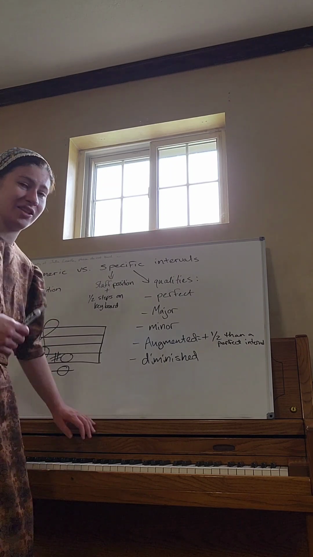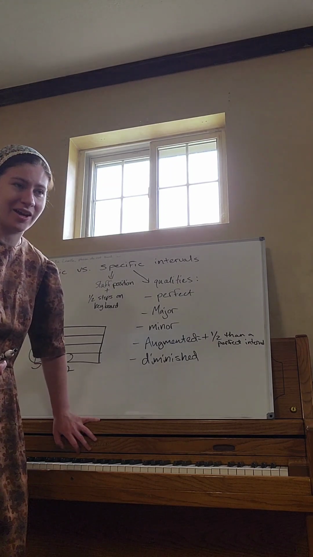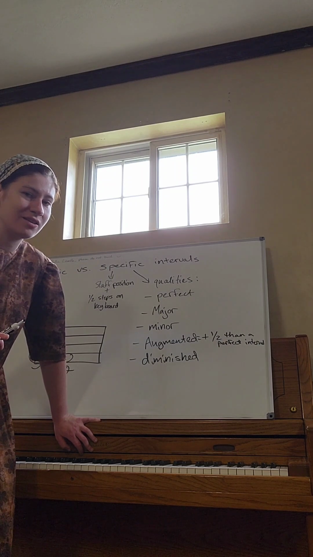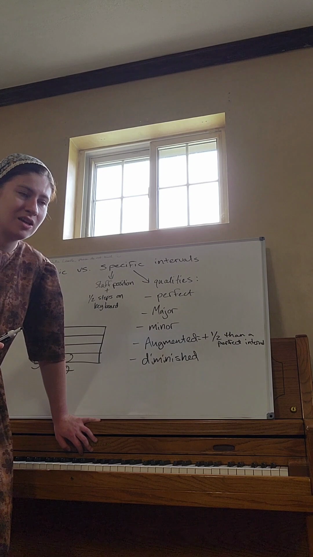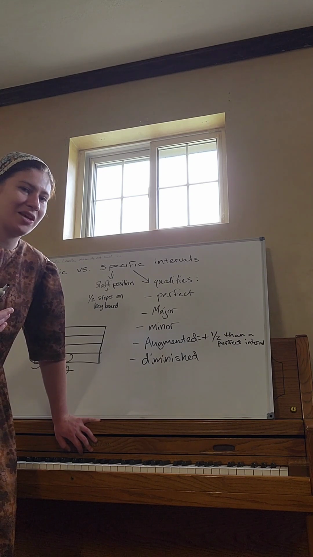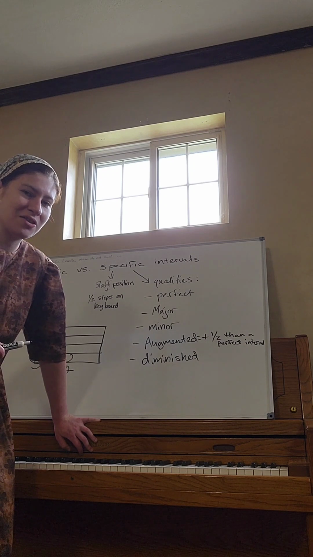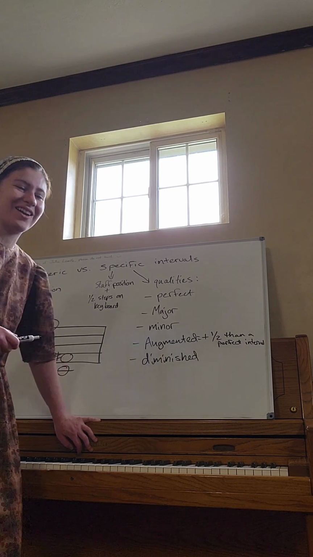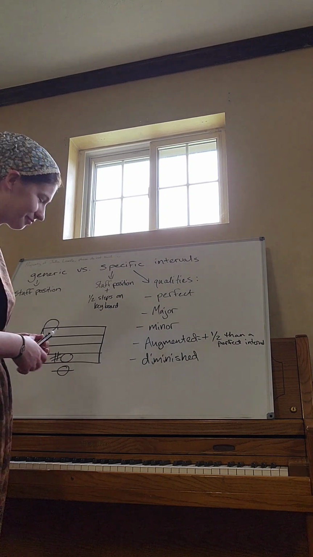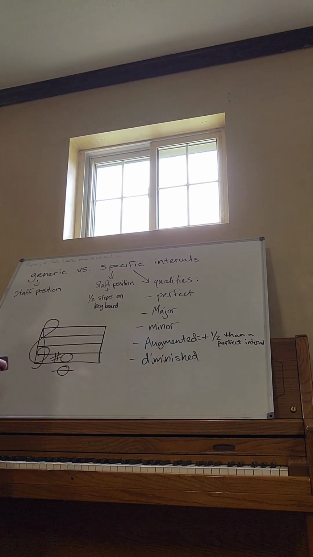It's also called the devil's interval. Early sacred music, they would avoid augmented fourths because they believed it evoked not the right kind of spirits, and it does sound kind of spooky. So I'll give them that.